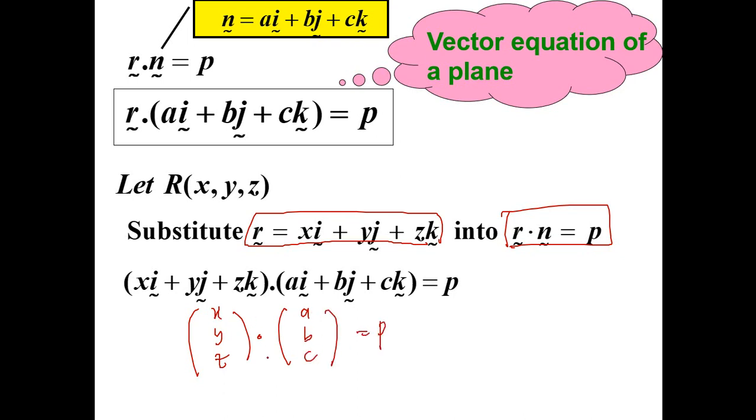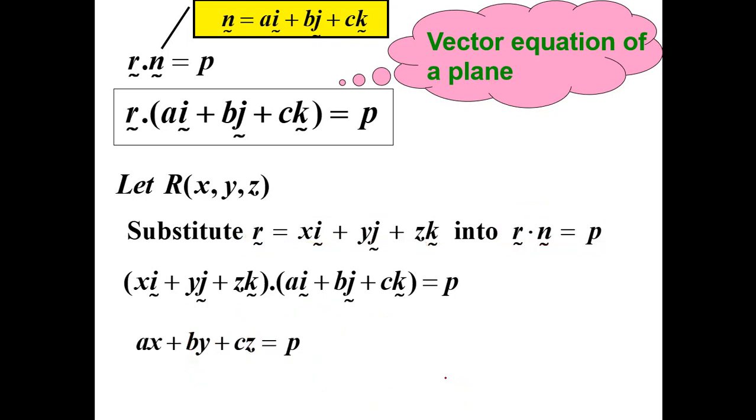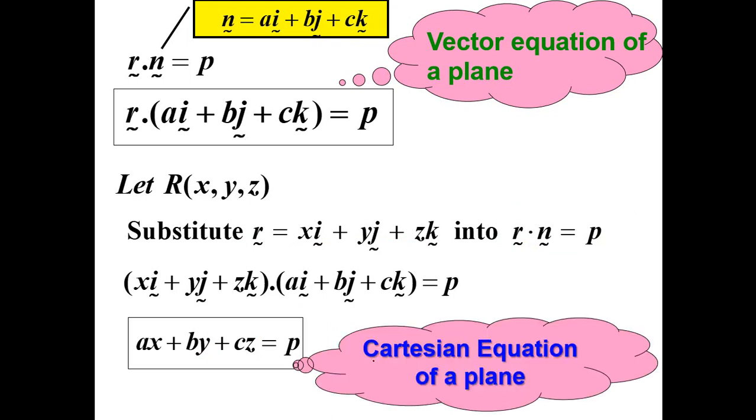Component i: ax, plus component j: by, plus cz is equal to p. This is called the Cartesian equation of a plane.